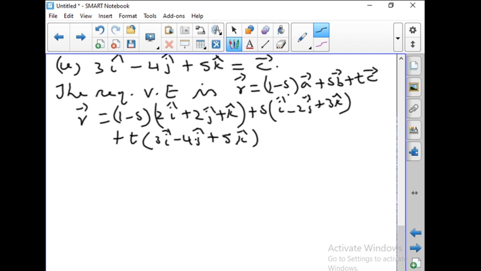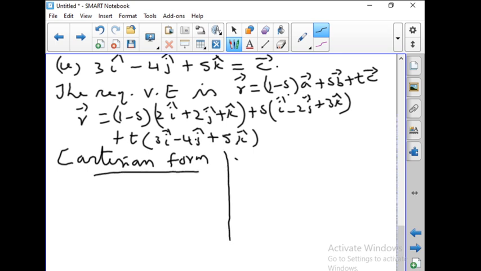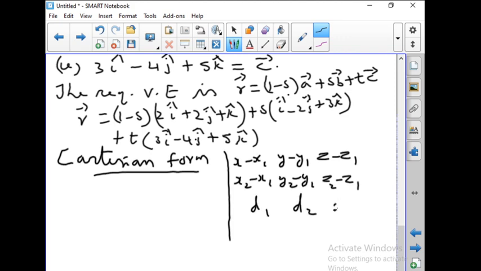Now again it is asked to find the Cartesian equation. I hope you will be able to do it. What is the Cartesian form? The formula is the determinant of x minus x1, y minus y1, z minus z1; x2 minus x1, y2 minus y1, z2 minus z1; d1, d2, d3 is equal to 0.